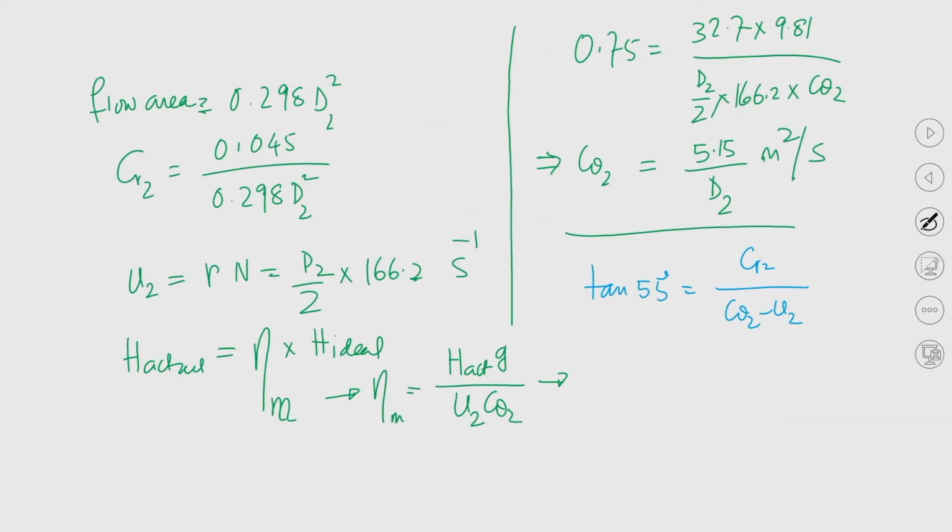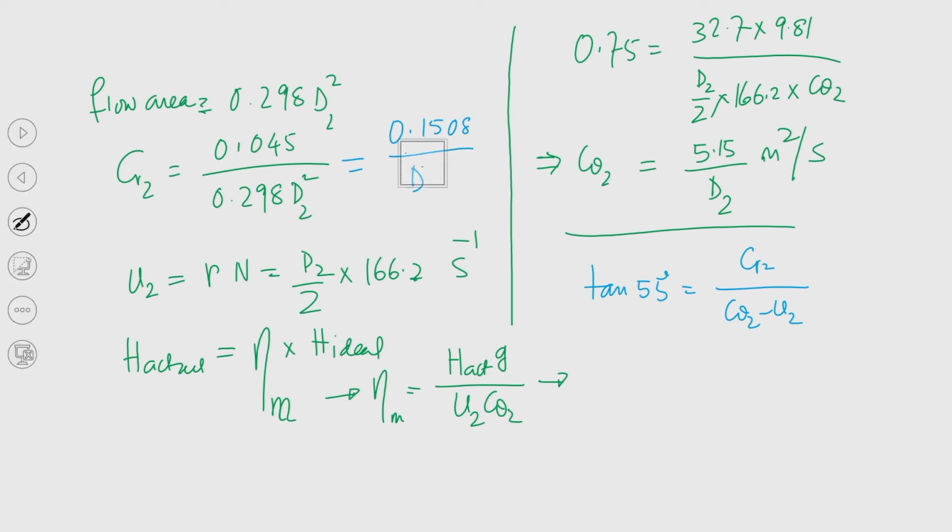If we write it, cr2 will be 0.1508 divided by d2 square, meter cube per second, and d2 square is in meter square, so meter square will cancel meter cube and one meter will remain.